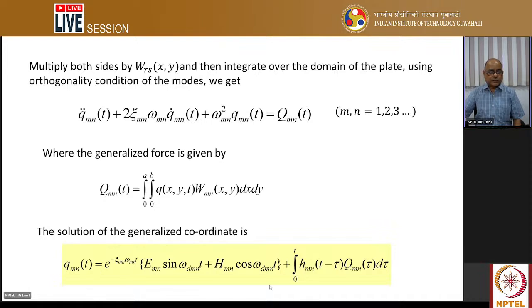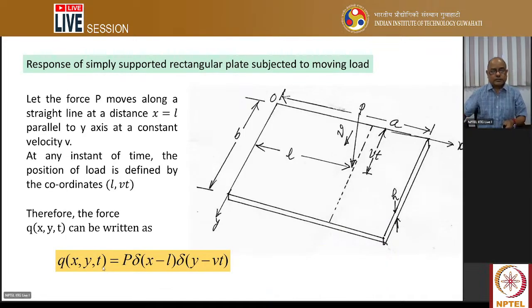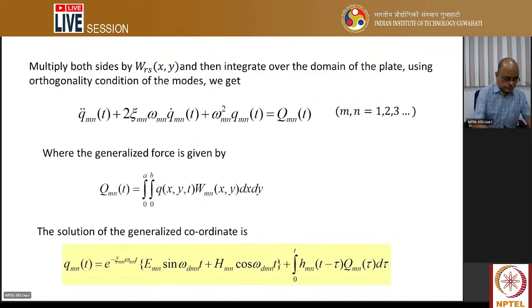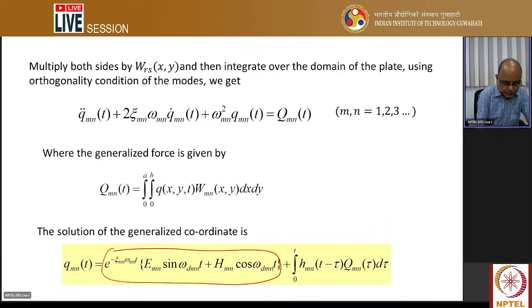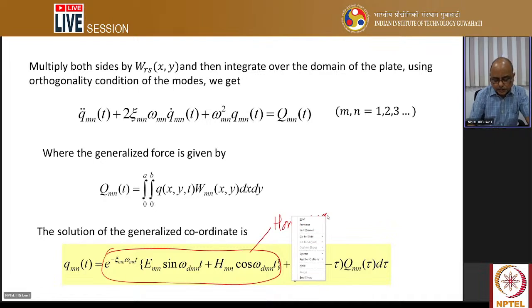This part is homogeneous. For any linear system, the homogeneous part is added to the particular integral. And this is the particular integral, that is due to forced vibration.